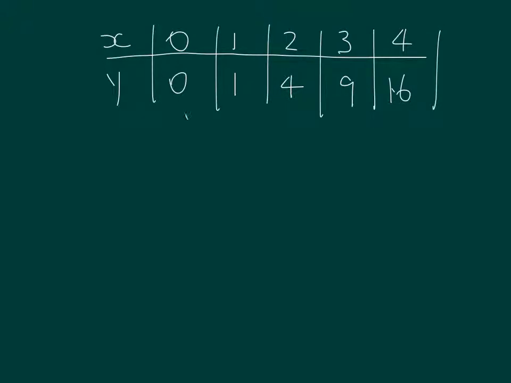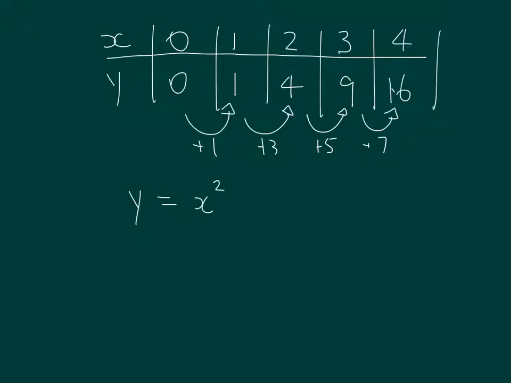It's actually not going up by the same amount, is it? It's going up by 1. It's going up by 3. It's going up by 5. Goes up by 7. It goes up by odd numbers. And I hope you can see this is our square numbers. So if I take that number for x and I square it, I would end up with my number for y.